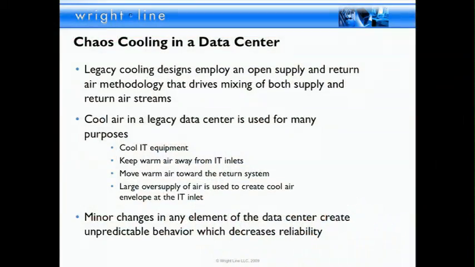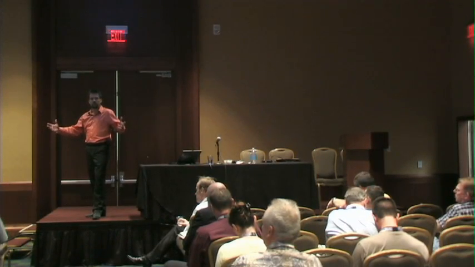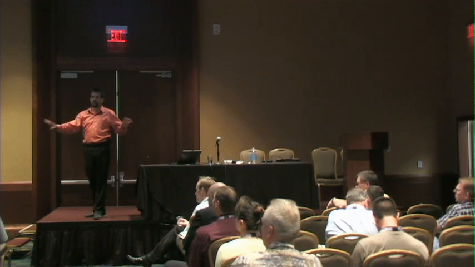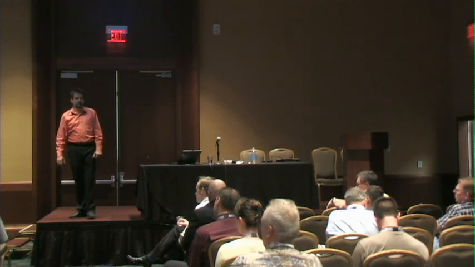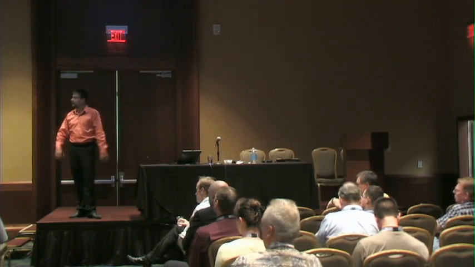Well, the cool air in your data center is used for multiple different purposes. Ideally, it's meant to cool your IT equipment, its primary goal, but it's also used to create a cool air envelope that is meant to move warm air away from your IT inlets, those hot spots. You actually use an oversupply of cool air to keep the hot spots at bay.